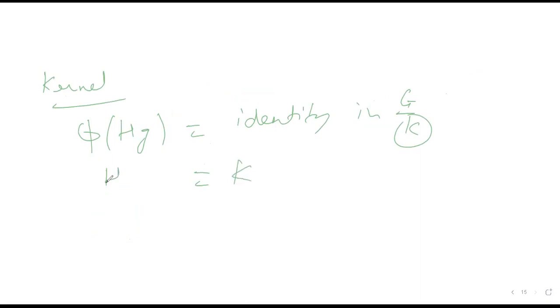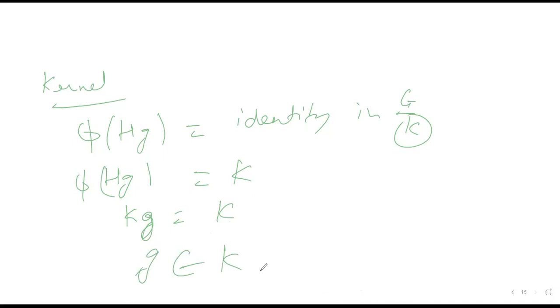That is, phi of Hg equal to K. That is Kg is equal to K. Hg equal to Kg. So Kg equal to K means that g belongs to K, right? It means that this only happens for cosets when g belongs to K.